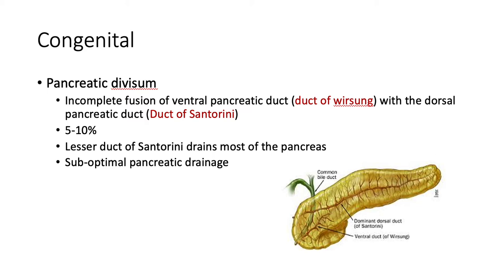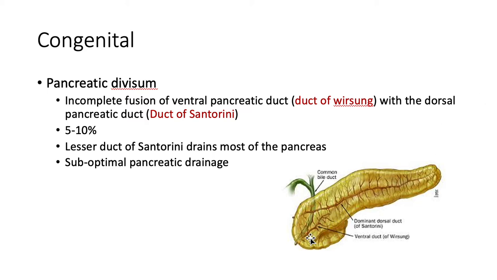So we talked about the pancreatic duct, and it contains the main duct and the accessory one. So the divisum is the abnormal formation of these ducts. Okay, so if you can see the cursor, this should be the ventral duct, should be the main duct.